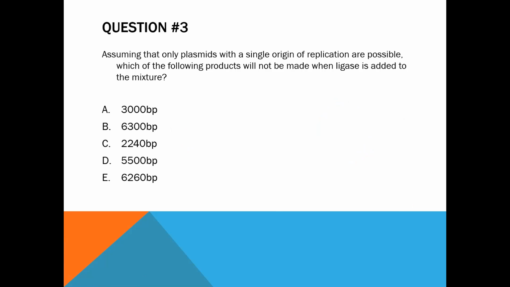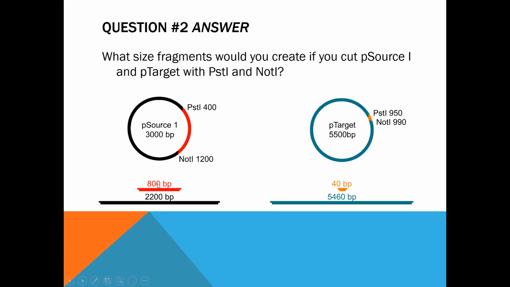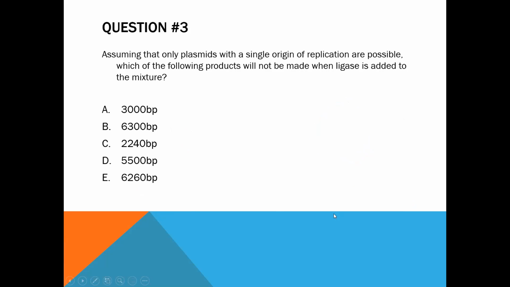Assuming that only plasmids with a single origin of replication are possible, which of the following products will not be made when ligase is added to the mixture? So we're assuming that we are putting all of these in one container. One test tube is going to hold all the different cut up pieces. And when we add ligase, that is our enzyme that helps glue things back together, which ones are not going to be made?